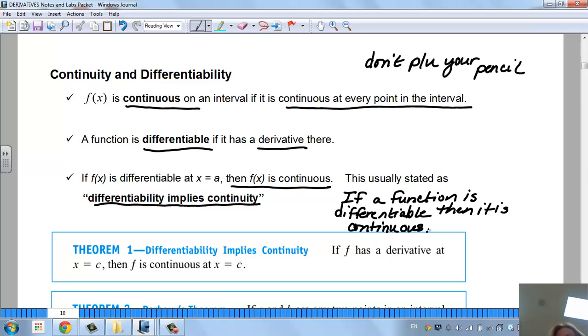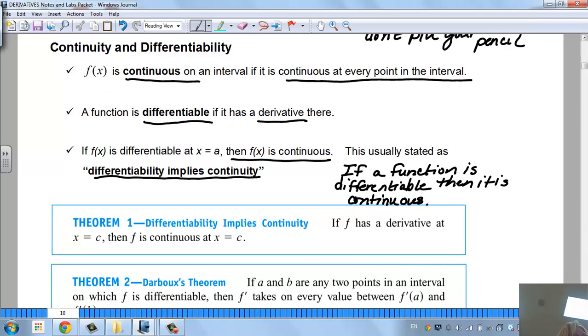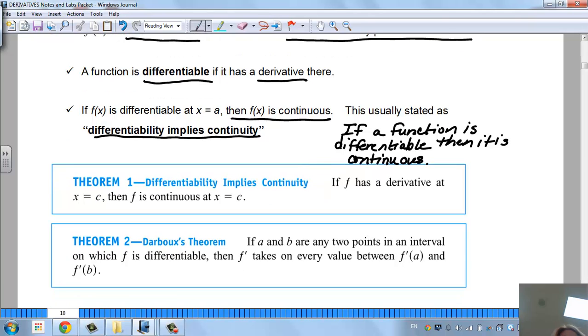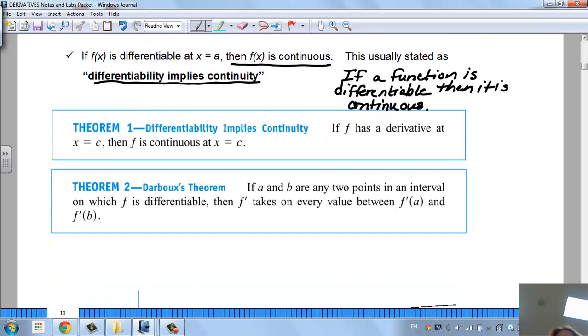Now, if we use the converse in logic, so here we're using some logic. If I use the converse and switch these, the converse is not true, but let me show you why I'm showing you this.